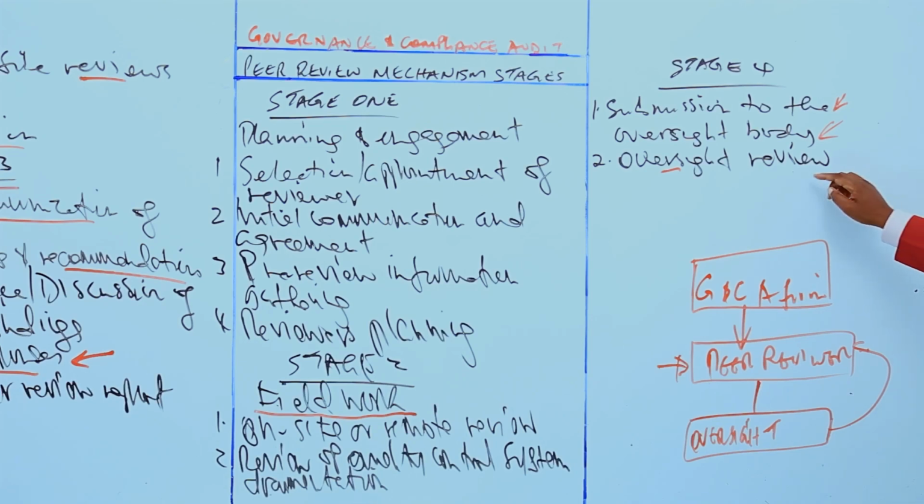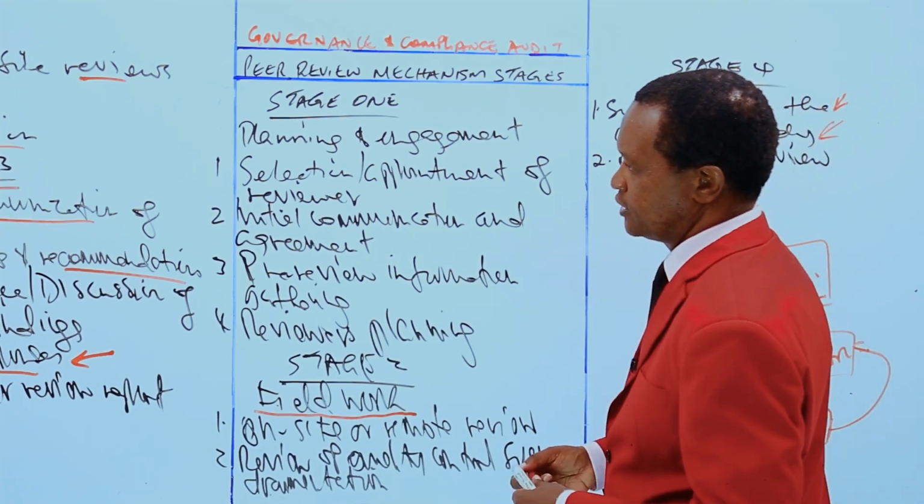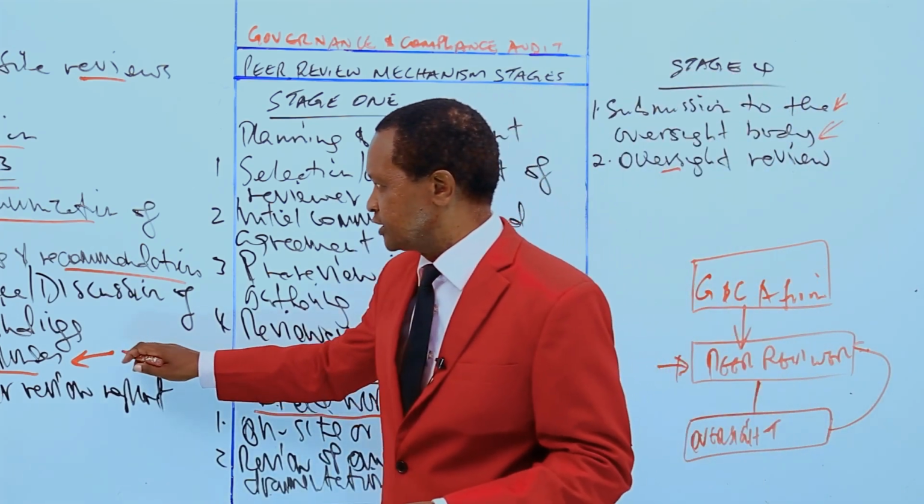Furthermore, the oversight body carries out this review to check if the conclusions are appropriate and if the corrective action plan is reasonable and sufficient. Because you recall here that the management has to make responses.